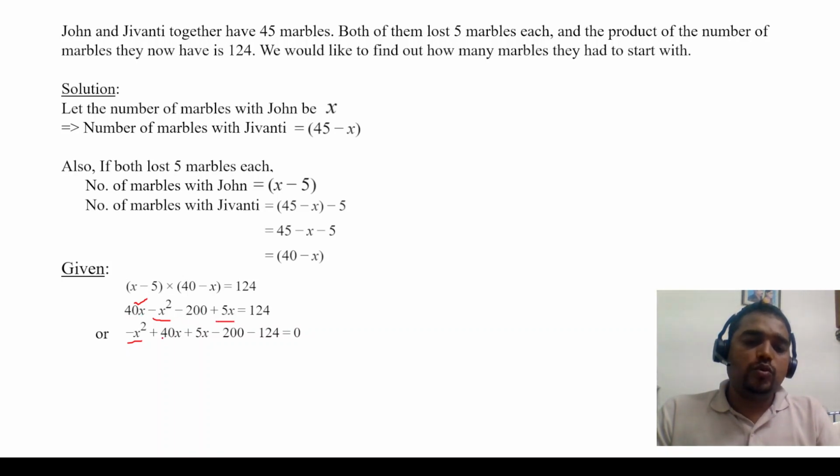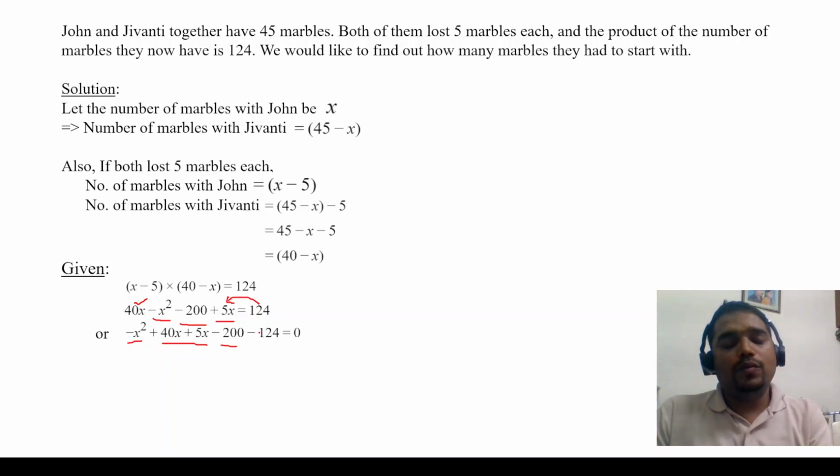Let us pick these two terms as the second and third terms. So minus 200 as it is, and on the RHS we have plus 124. If we transpose it to the left hand side, plus 124 becomes minus 124. Since we have transposed the entire constant term, 0 is left on the RHS.